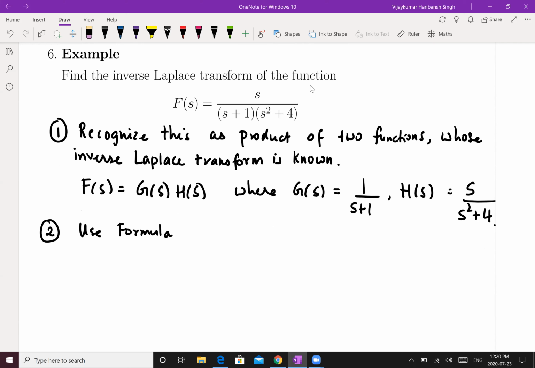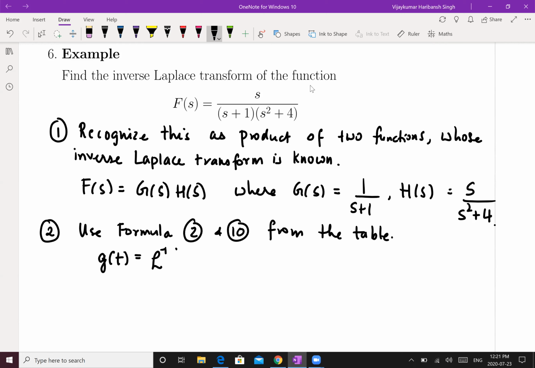So the formula numbers are 2 and 10 as well. You can have a look from the table. Namely, so what is the Laplace inverse of this? So g of t, which is the Laplace inverse transform of g of s, is e to the power minus t.